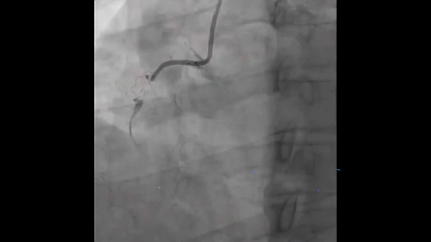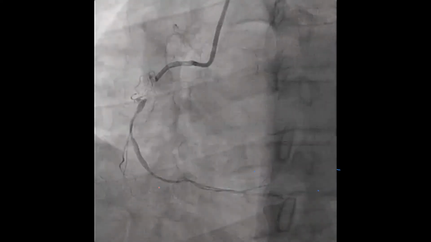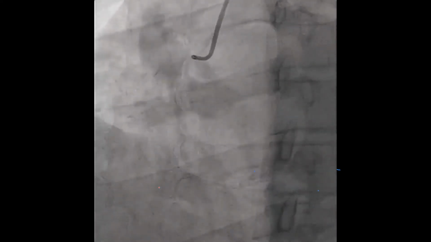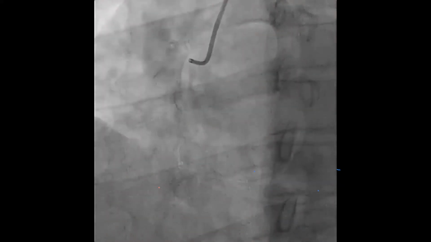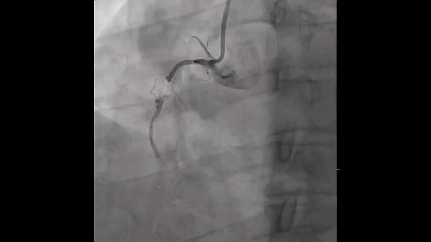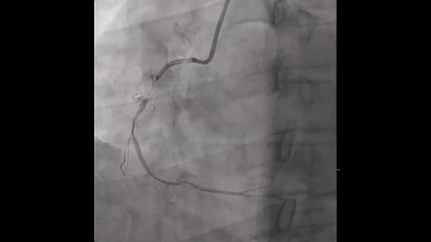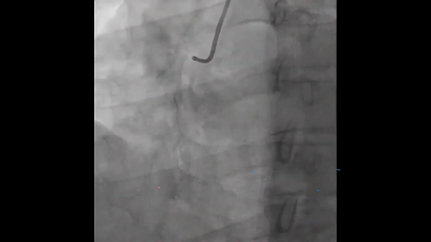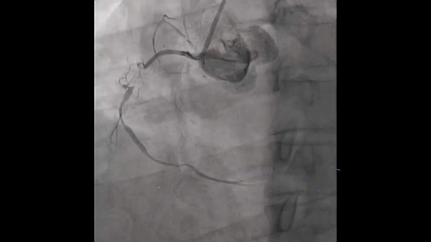Okay. Now this is RCA, and it is subtotal. This is a chronic occlusion or acute occlusion? Is it chronic or acute?